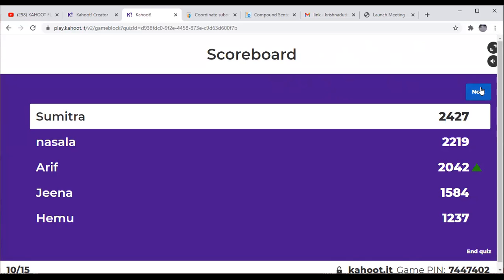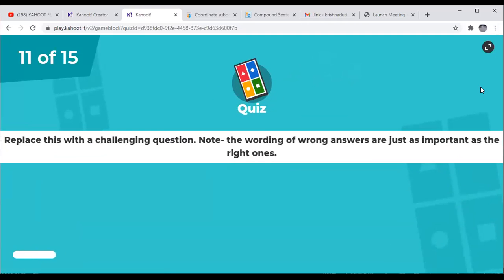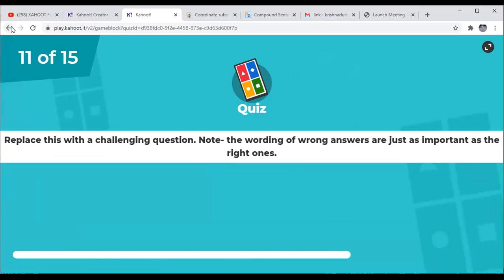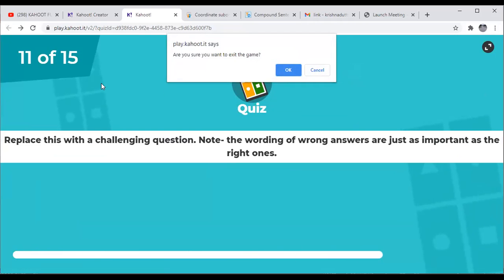I'm not the first one, I think. Okay. No, there is nothing. I just made 11. Sorry, 10. So this is not the right one. That was the ultimate one, I think. Sumitraji.